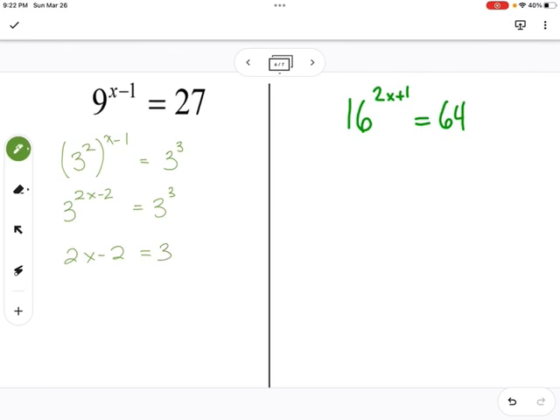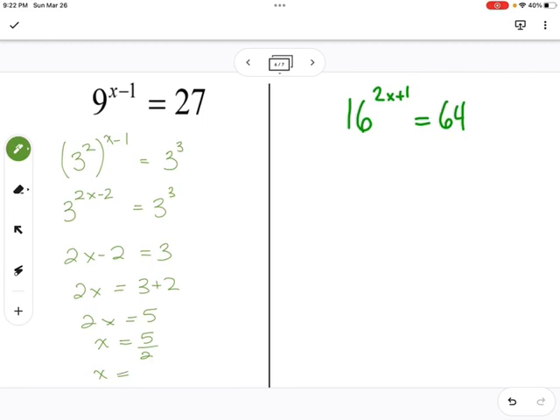We'll bring our minus 2 over, it'll be a plus. So 2x equals 3 plus 2, 2x equals 5. And bring the multiply by 2 over and divide. X equals 5 over 2.